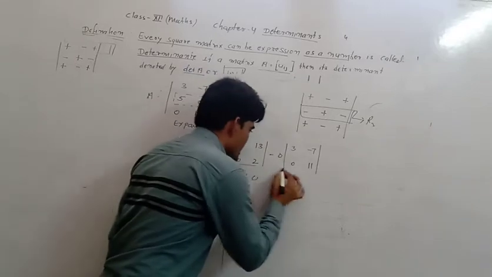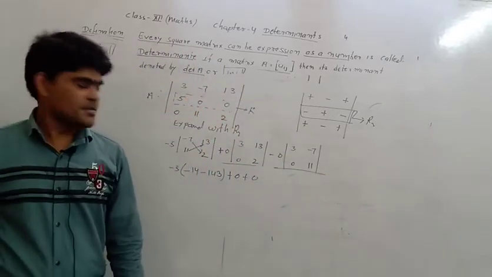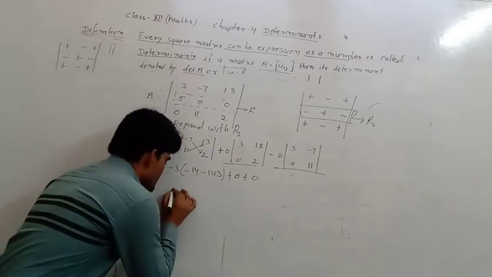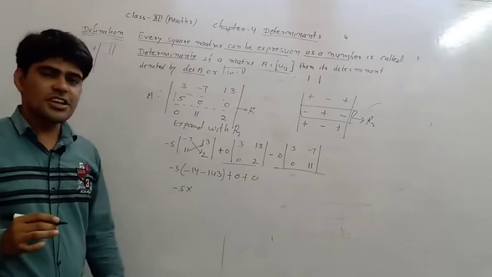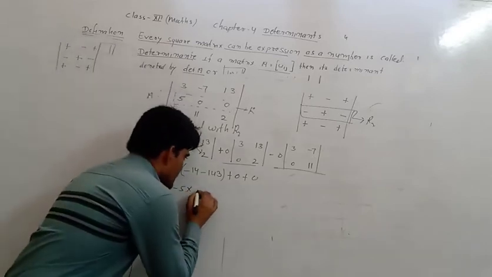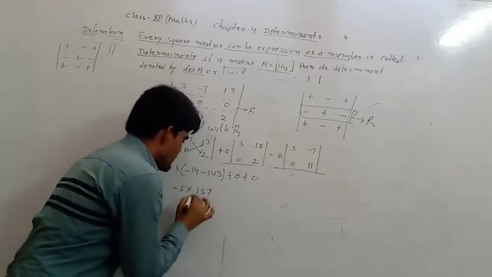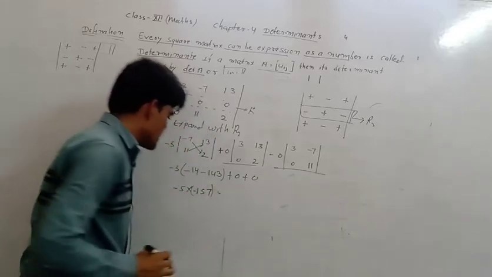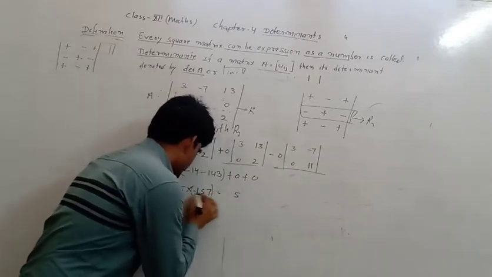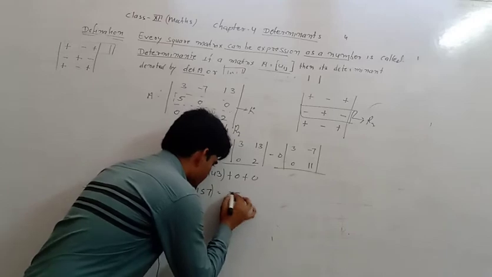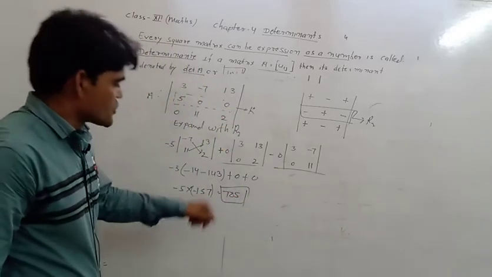This is the most useful use of determinants. Next, minus 5 multiplied by minus 157 with negative, then we get plus 785. This is the solution of the determinant.